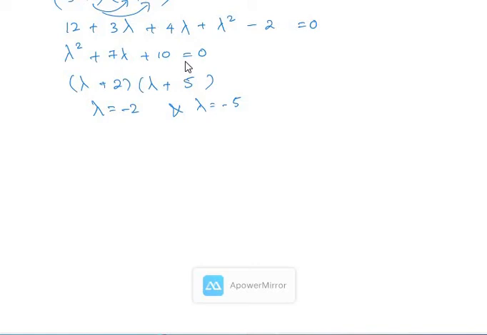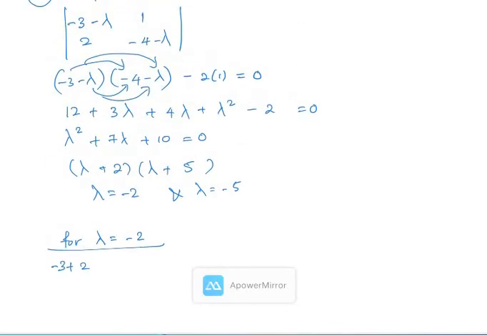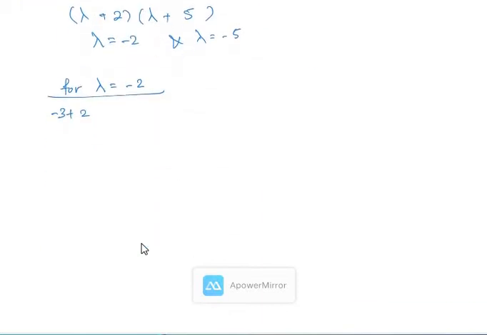Now we go to find the eigenvector for lambda equal to -2. Okay, so you substitute the -2 in the matrix. So -3 plus 2, you substitute this lambda with the value of -2. -3 plus 2, 1, 2 and -4 plus 2, then x and y equal to 0 and 0.